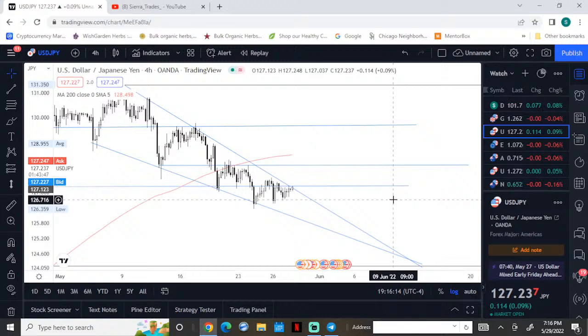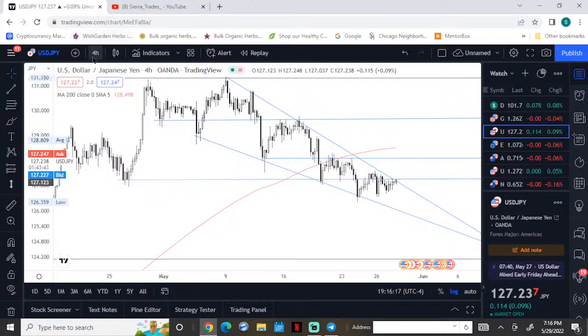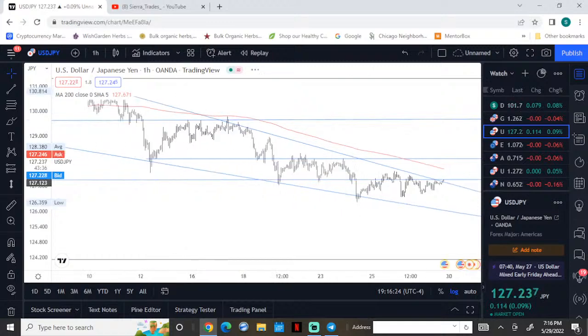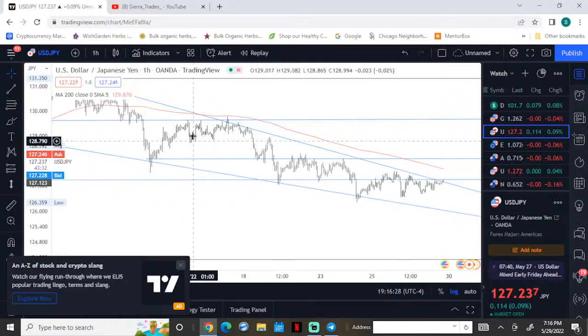Alrighty. Now let's go down to the hourly. I already see this consolidation right here. I am going to mark it up.